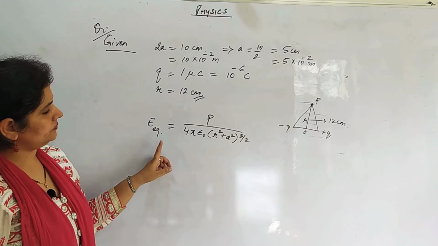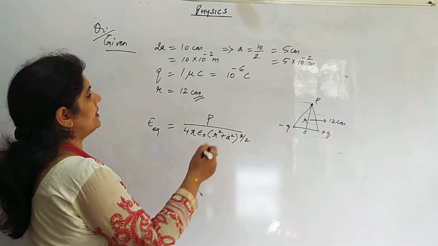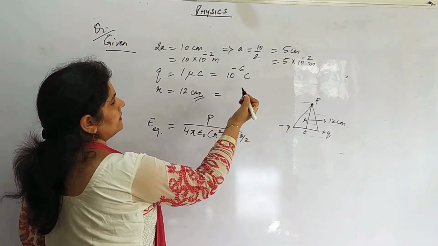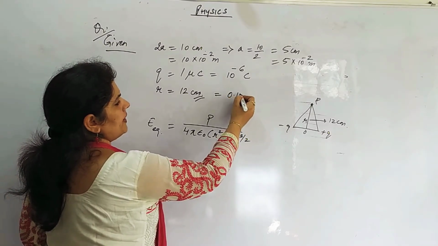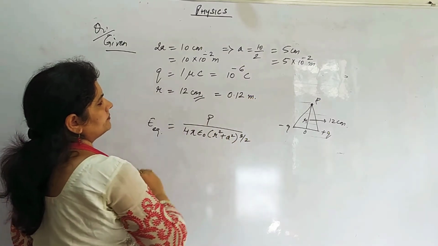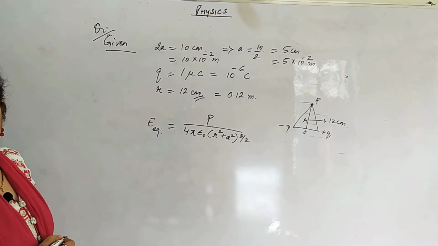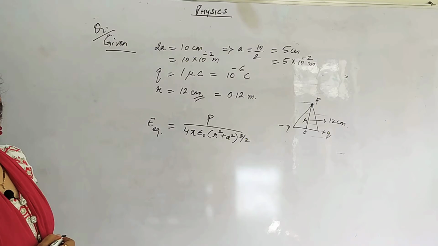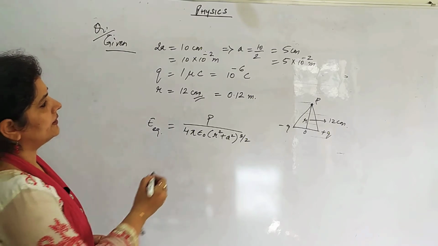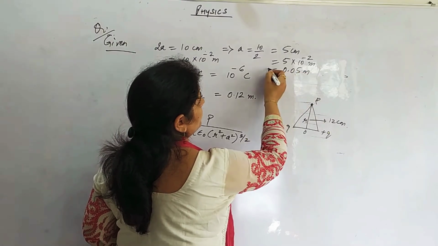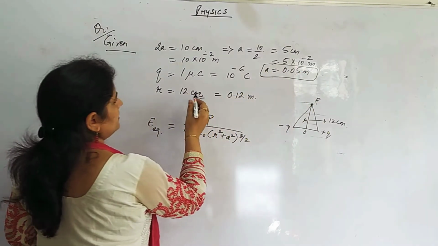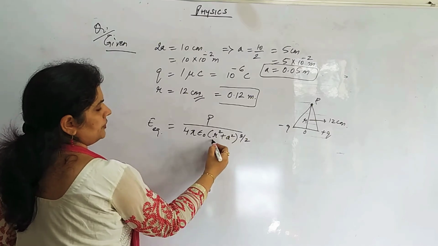So r is 12 centimeter. You can write it as 12 into 10 to the power minus 2, or 0.12 meter. And what is a? a can be written as 0.05 meter. This is a, this is r. Put a and r here.